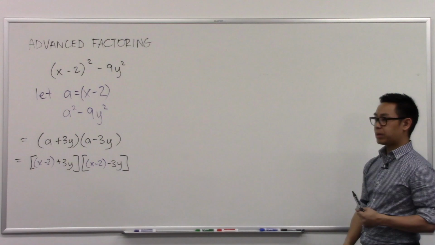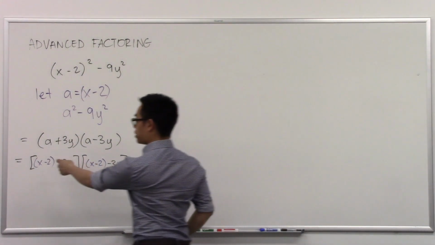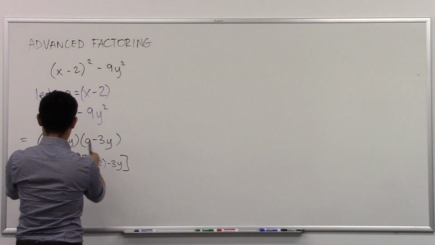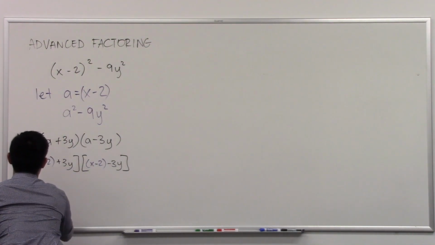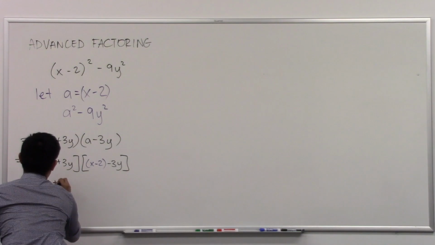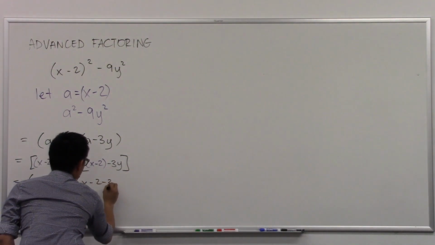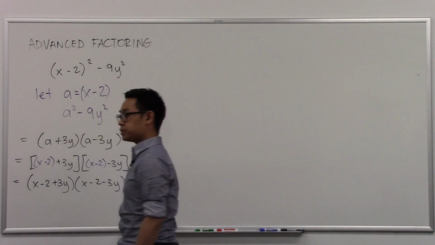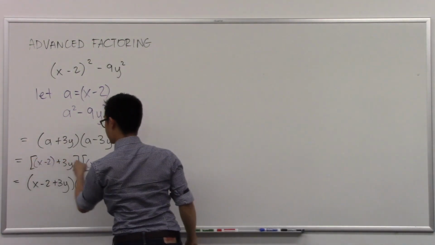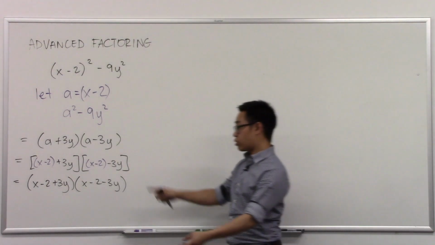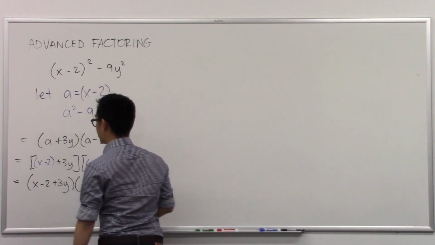That can be cleaned up a little bit. We have a 1 in front of this circle bracket. I can expand that 1 in to get x minus 2 plus 3y. There was a 1 out front here. If there was a 2 out front, then I would expand the 2.